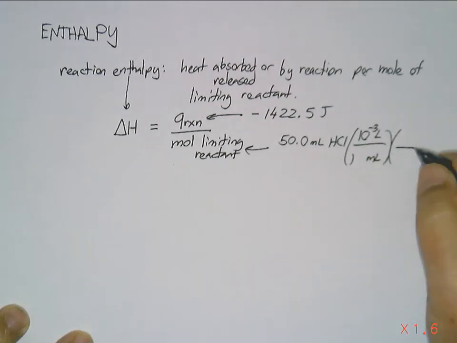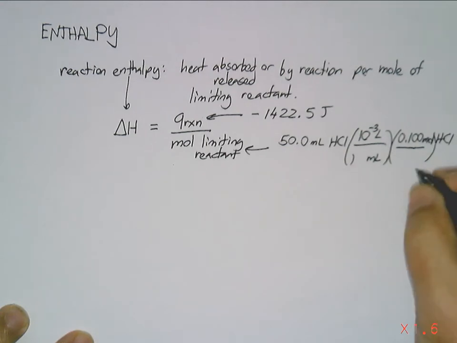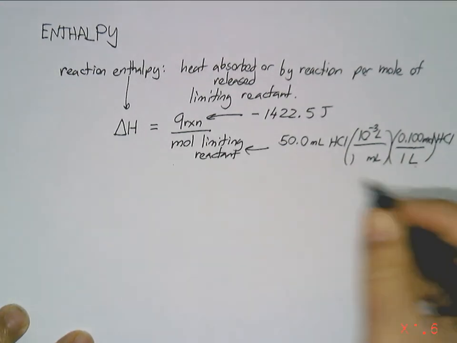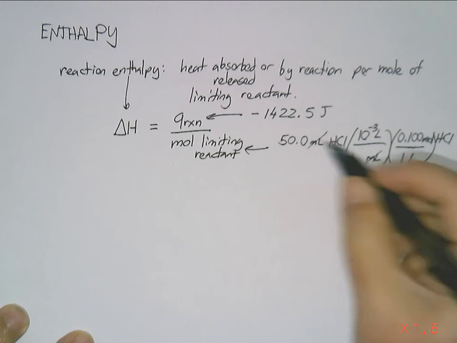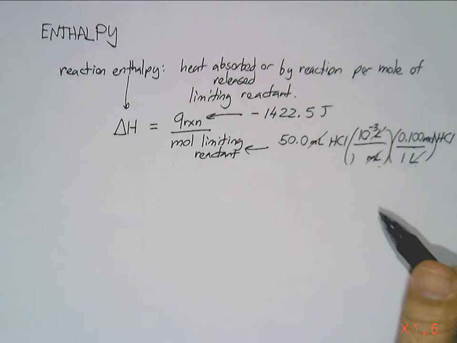And then use the concentration, the molarity of that, to turn liters into moles. It said it was 0.100 moles of HCl per 1 liter. So now you can see how the units go. Milliliters cancels milliliters, liters cancels liters, and I'm left with moles. And that will give me the number that I put on the bottom there.